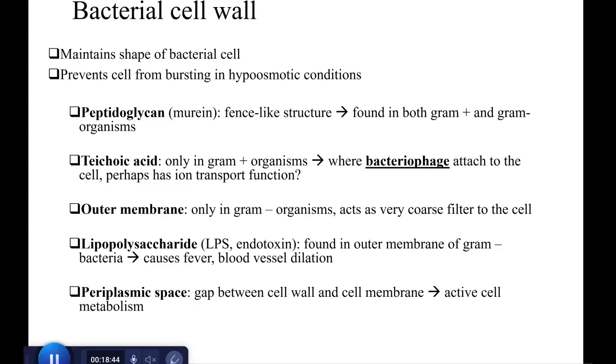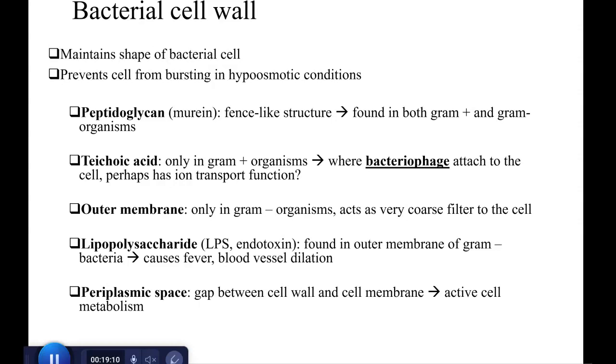There are certain viruses that only attack bacteria, and we call those bacteriophages. So this serves as a docking station for it. If that virus can't attach to a cell, then it's not going to be able to replicate. So that's why that attachment point is going to be really important in regards to the virus and its ability to replicate.